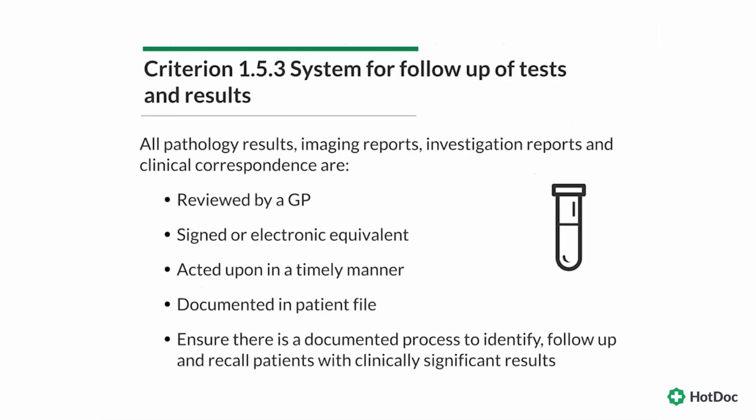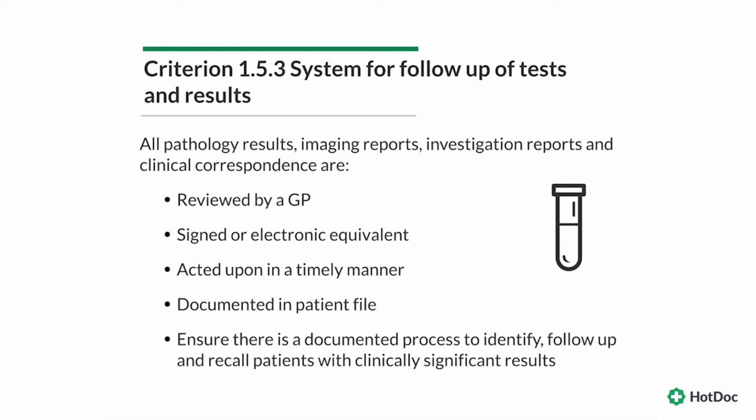The other criterion from accreditation is 1.5.3, which is system for follow-up of tests and results. This dictates that all pathology results, imaging reports, and investigation reports from things like specialists, as we said before, need to be reviewed by our GP, signed or the electronic equivalent, and acted upon in a timely manner. It's not good enough for test results to sit there for weeks at a time.